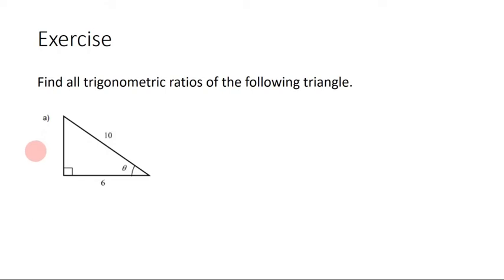So we know that the formula of the Pythagoras theorem is adjacent squared plus opposite squared equal to hypotenuse squared.